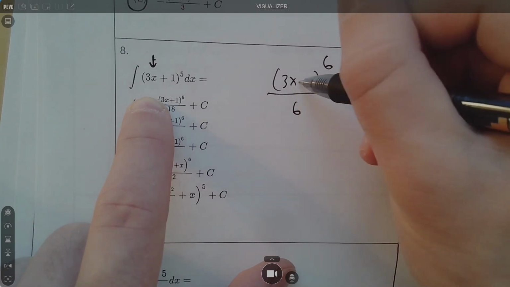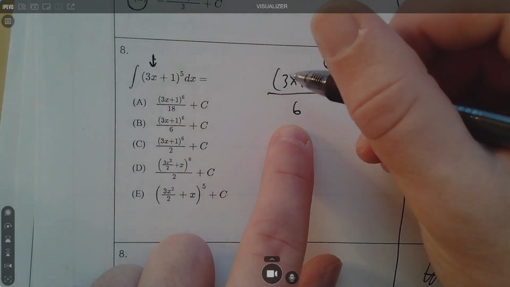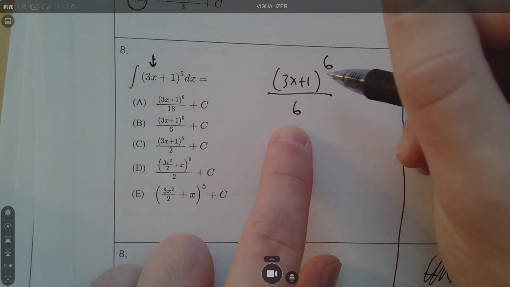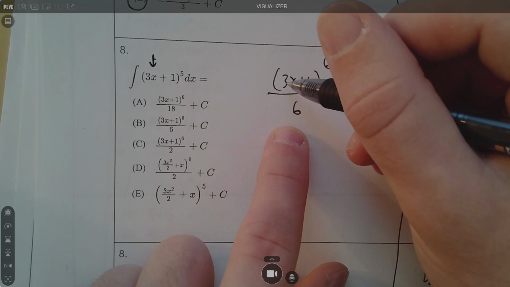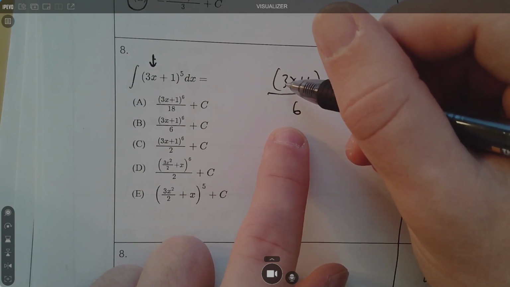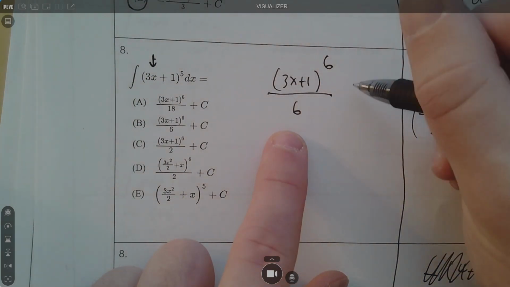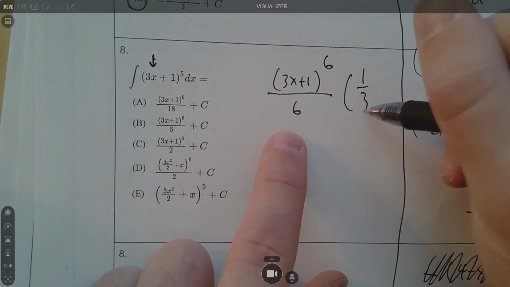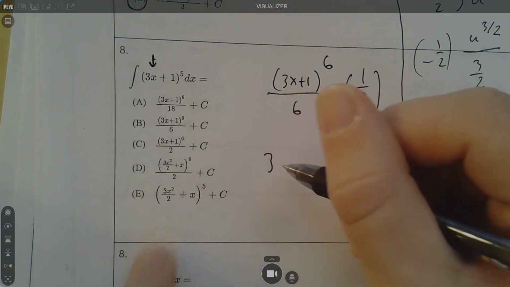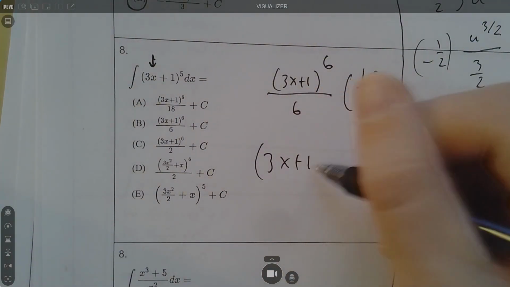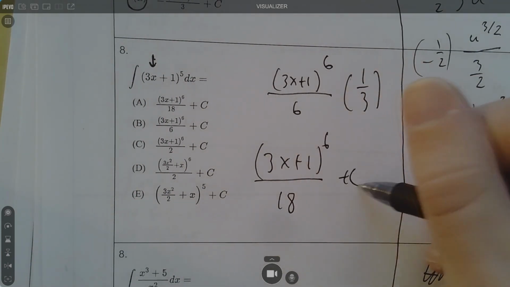So if I take the derivative of this right now, I'm going to get 3x plus 1 to the fifth, because the 6's will cancel, but then I'll have to multiply by the 3 on the inside. Do you see that? Because it's a chain rule. So to undo that multiplying of the 3, you also have to multiply this by 1/3, because that undoes that 3 there. So the answer is (3x plus 1) to the 6th over 18 plus c.